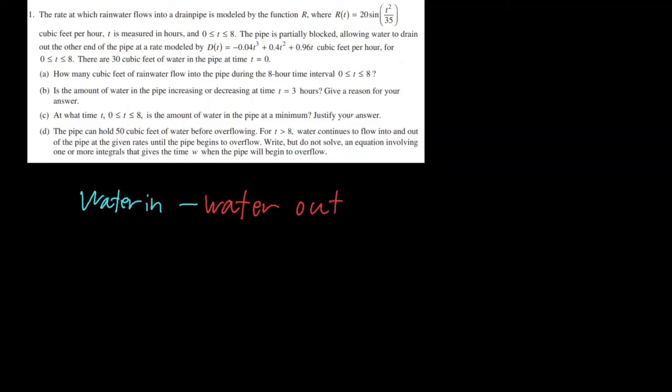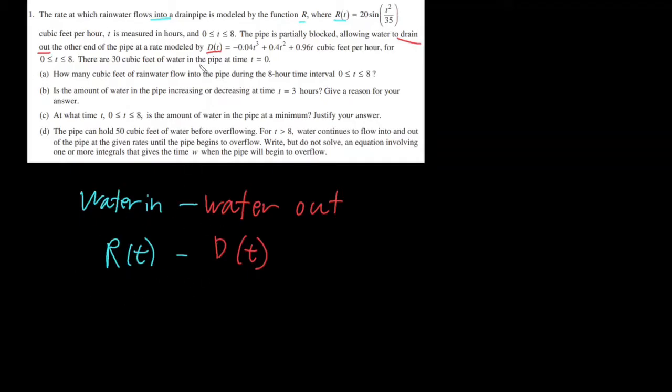Okay, so the water in is given by this function R, right? The water flowing into the drain pipe, and that's R of t. And the water out is given by D of t. That's telling us the rate at which the water is draining out. Okay, so I need to calculate R of t minus D of t.